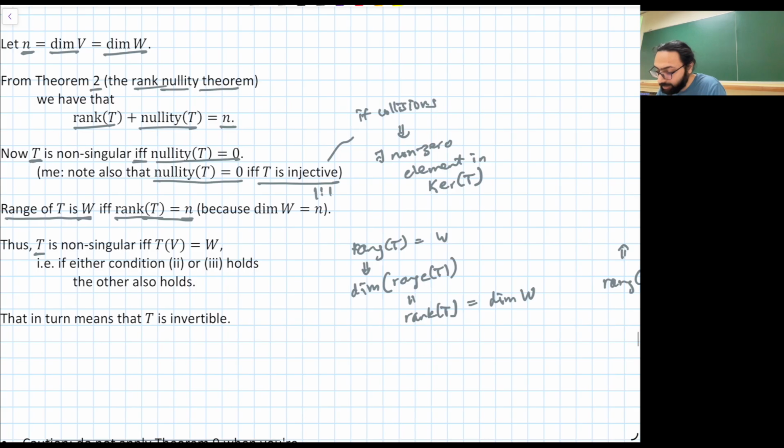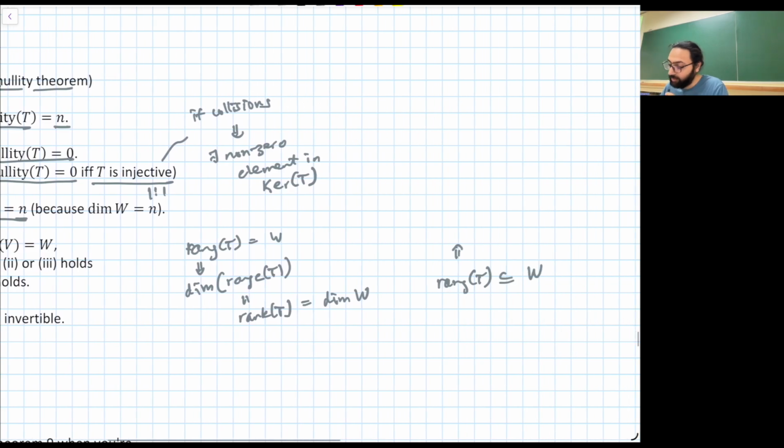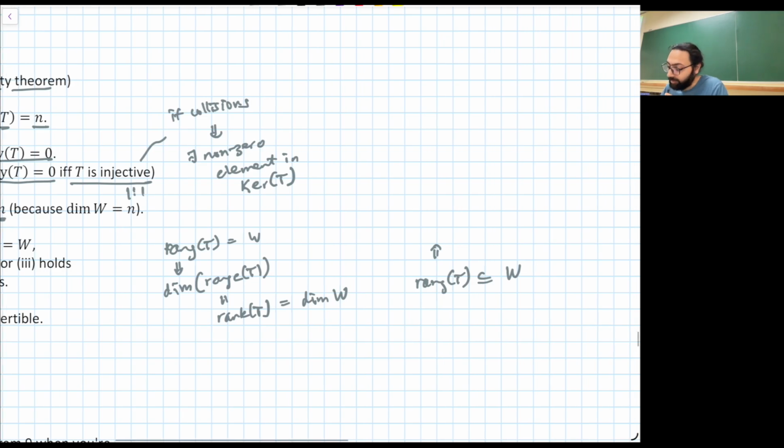W is the codomain, yes. So the range of T has to be a subset of the codomain. It cannot go outside that by definition. And now you know that the number of independent vectors here equals n, and this also equals n.